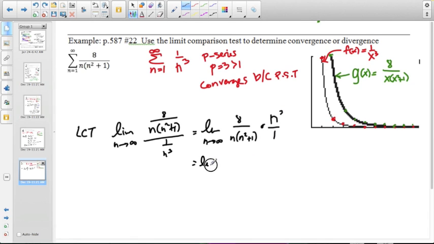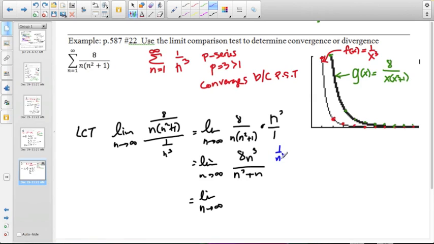Simplifying algebraically, we've got 8n cubed over, distributing here, n cubed plus n. We could do L'Hopital's, but considering we have powers of 3 here, I really don't feel like differentiating 3 times. So I'm going to divide by the highest power of n, which is n cubed.